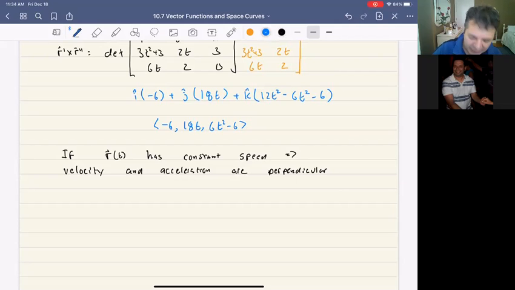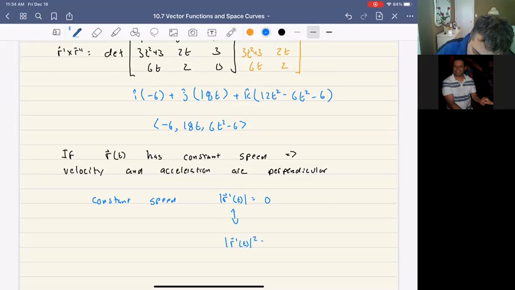Okay, you may have seen this already, but constant speed means the magnitude of r prime is constant, right? Okay, so that's equivalent to saying the magnitude of r prime of t squared is constant.